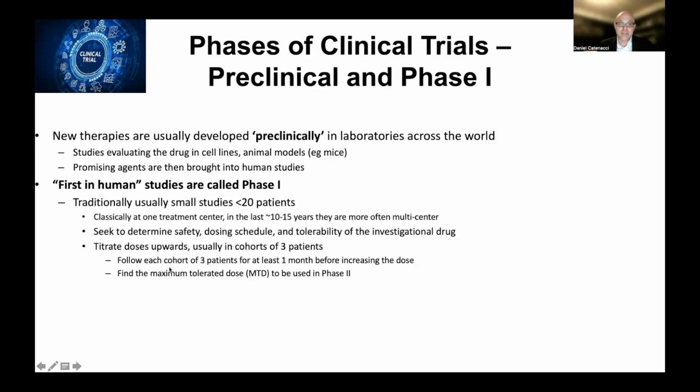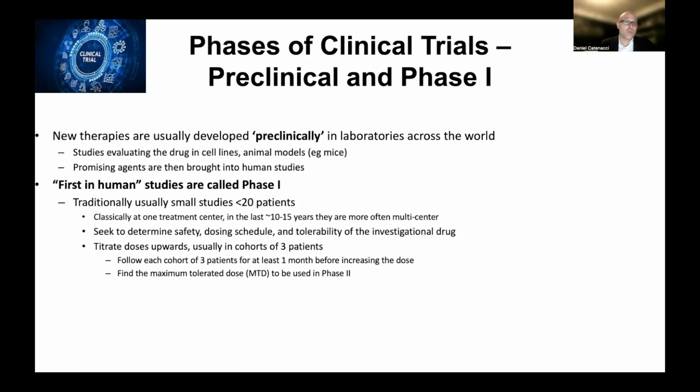This would be continued typically until there's a maximum tolerated dose or a maximum biologically effective dose. Even if the drug doesn't cause side effects, we're not going to just keep going up indefinitely. There will be a ceiling at which we feel this level should be an effective dose based on what we understand about this drug.